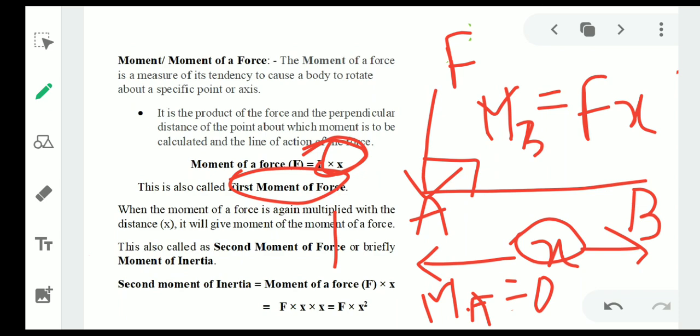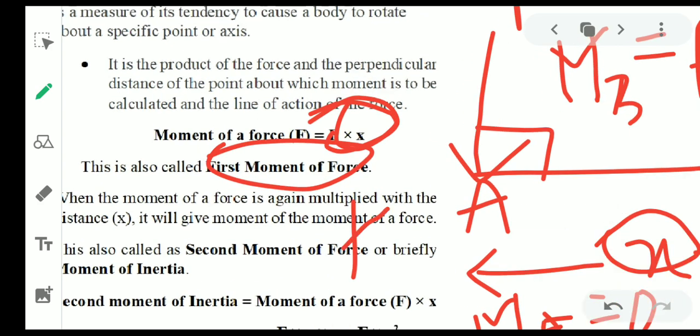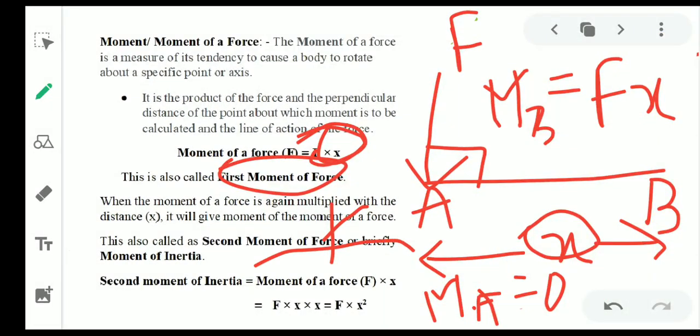It is clearly written here. The second moment of force equals the moment of a force into distance x, so Fx into x.